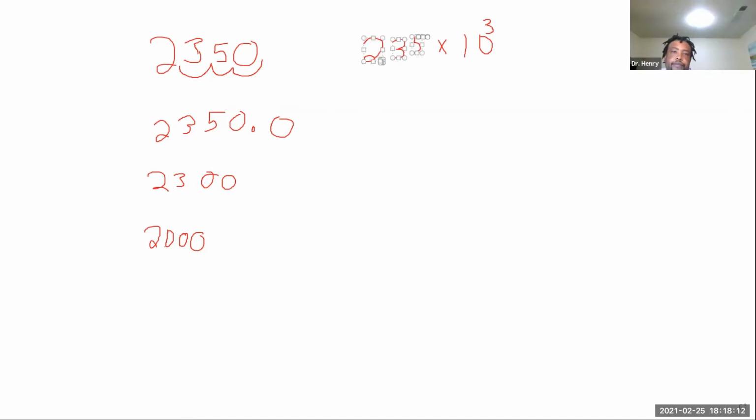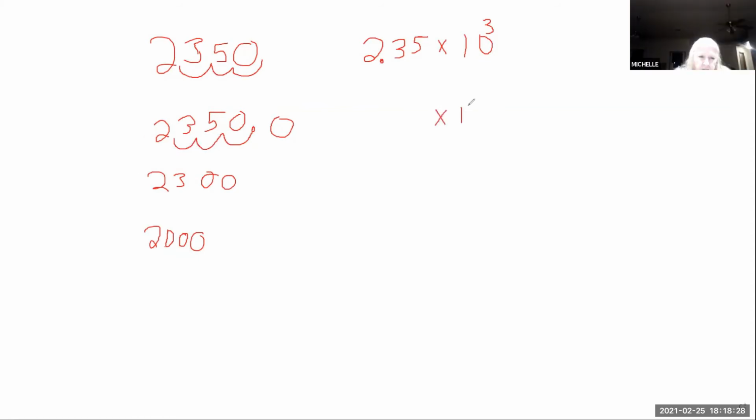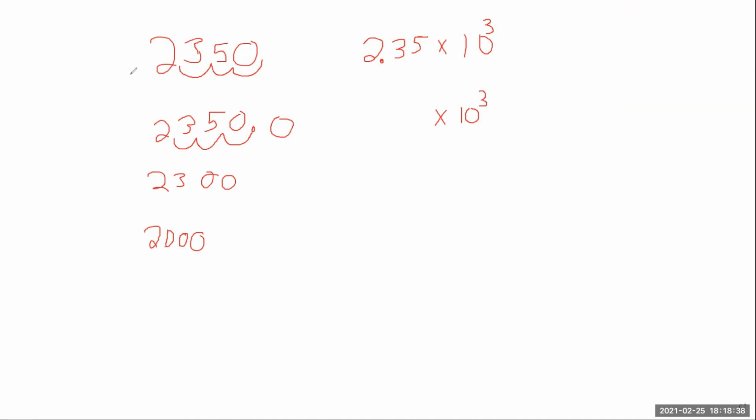What about this guy? You also move it to the left 3 times. 1, 2, 3. So the same. But are they? How many sig figs does the first one have? It has 3.